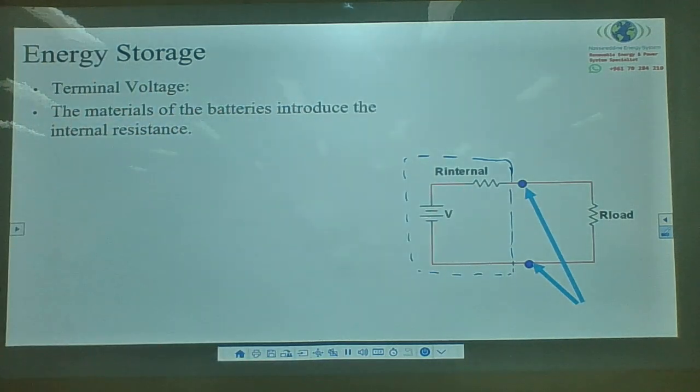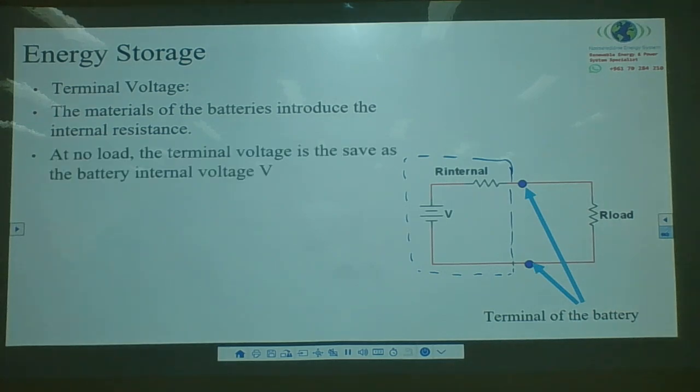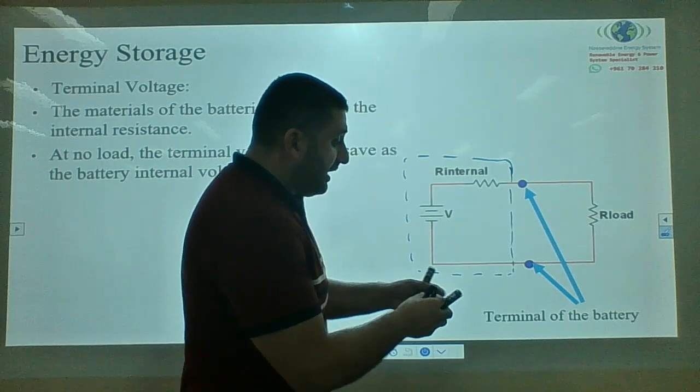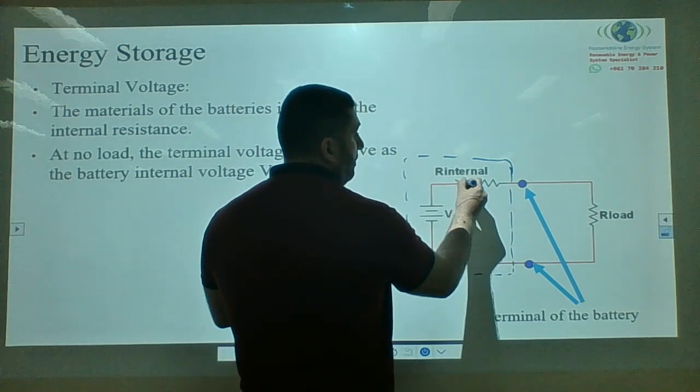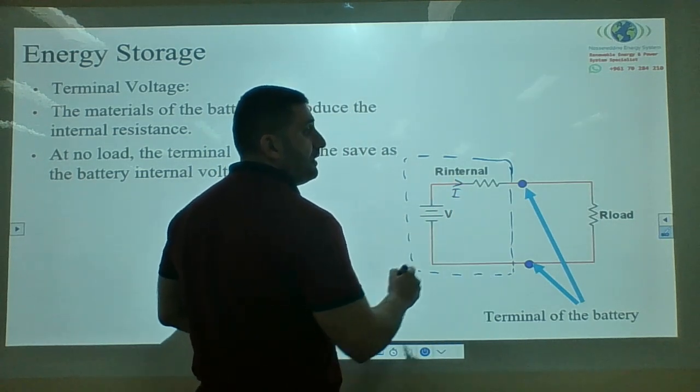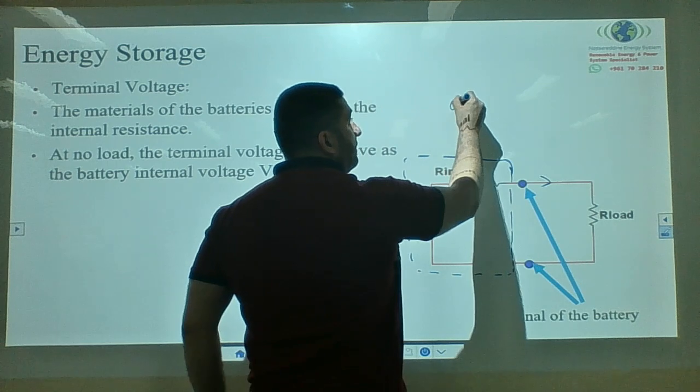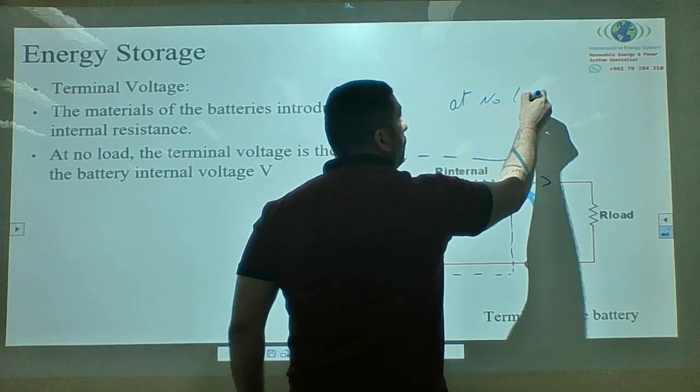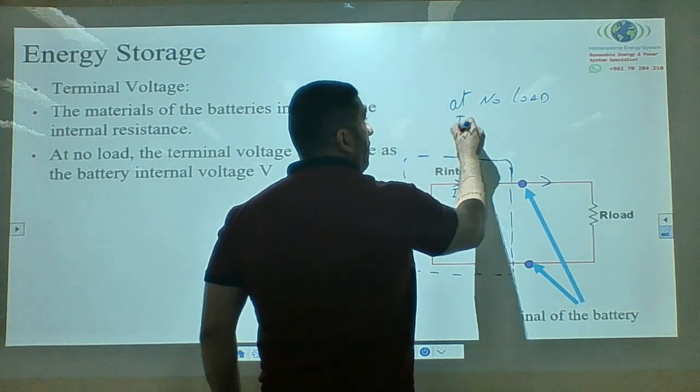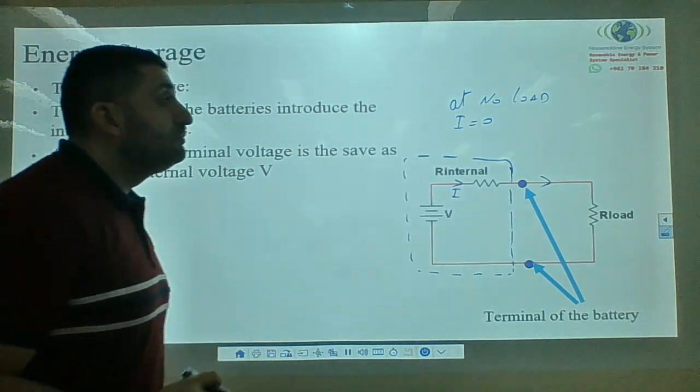If I apply Ohm's law, if I have no load, that means the current in here is 0. This is I that goes into here. At no load, it's 0, because I have no load.